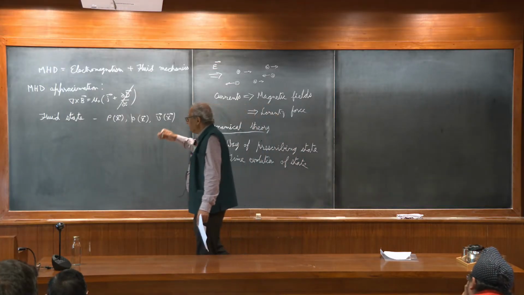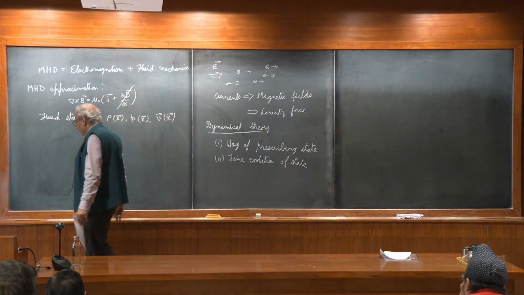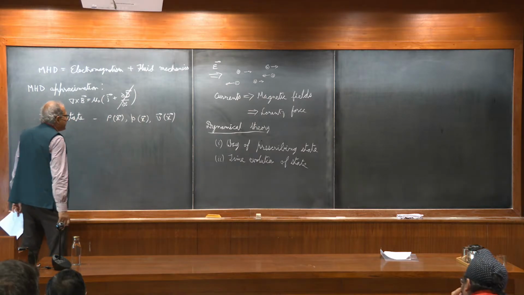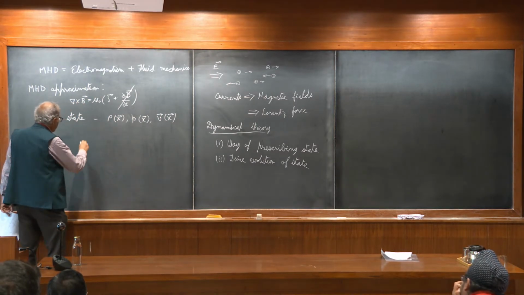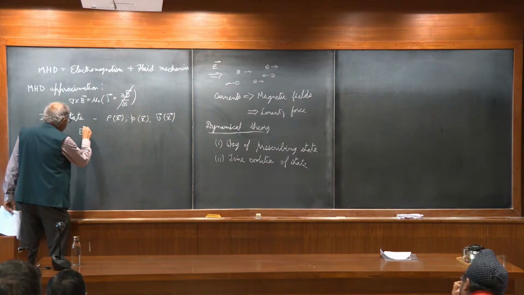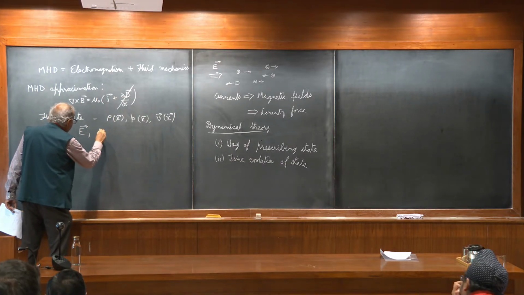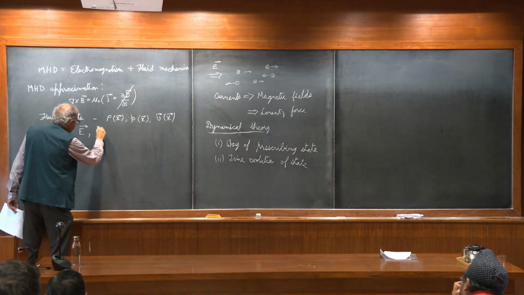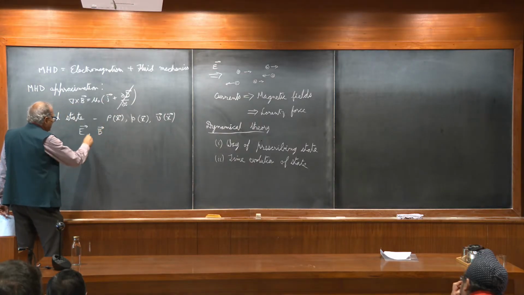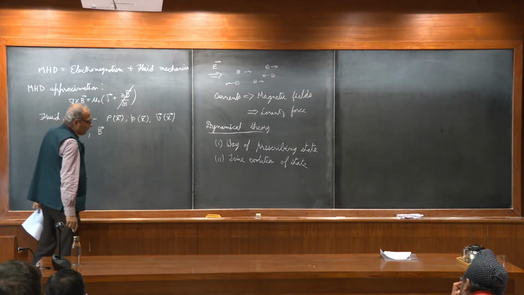So now let us consider the extension to MHD. So what other additional variables we need? You may think that we may need energy, electric field and magnetic field, but it turns out that we don't have to consider the electric field.